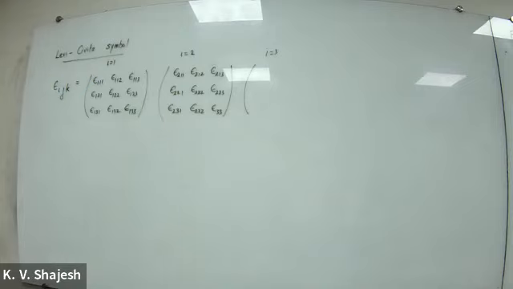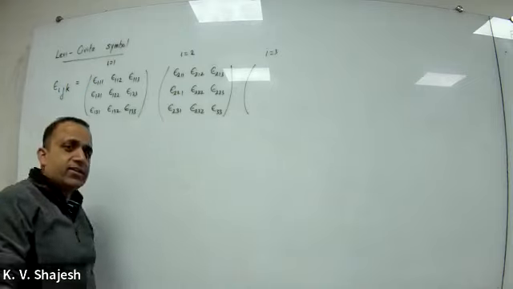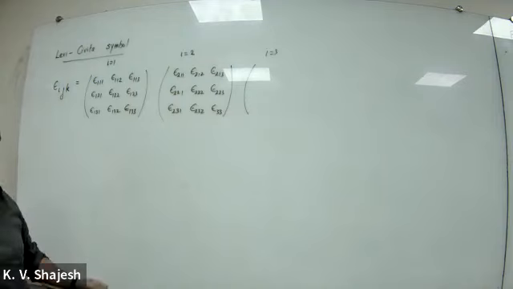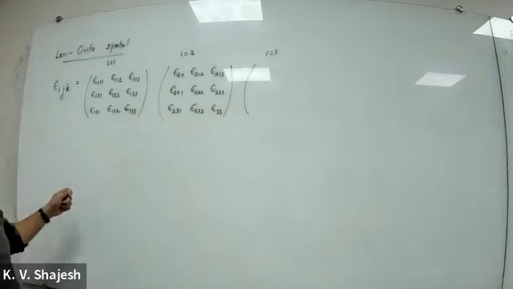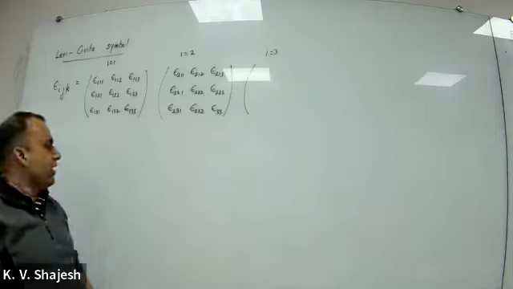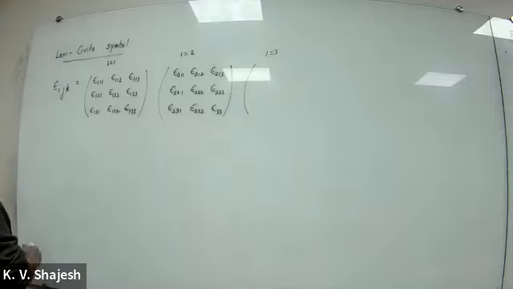Like the Kronecker delta symbol, the Levi-Civita symbol is a known tensor. So I want to associate numbers to this. How do I do that?